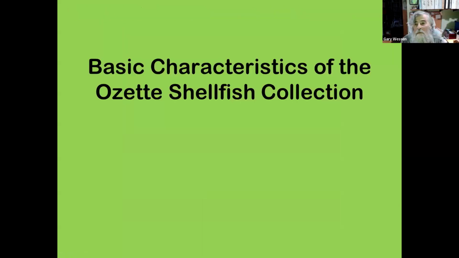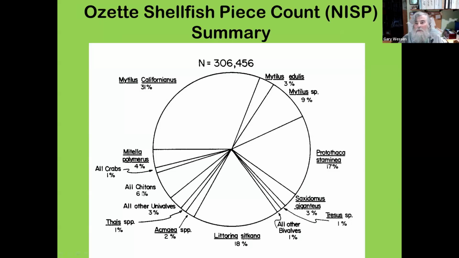Okay, so now let's look at the Ozette shellfish collection. What do we actually have here? Okay, and I'm going to show you a couple of different summaries of the Ozette collection. And we could quantify it different ways.